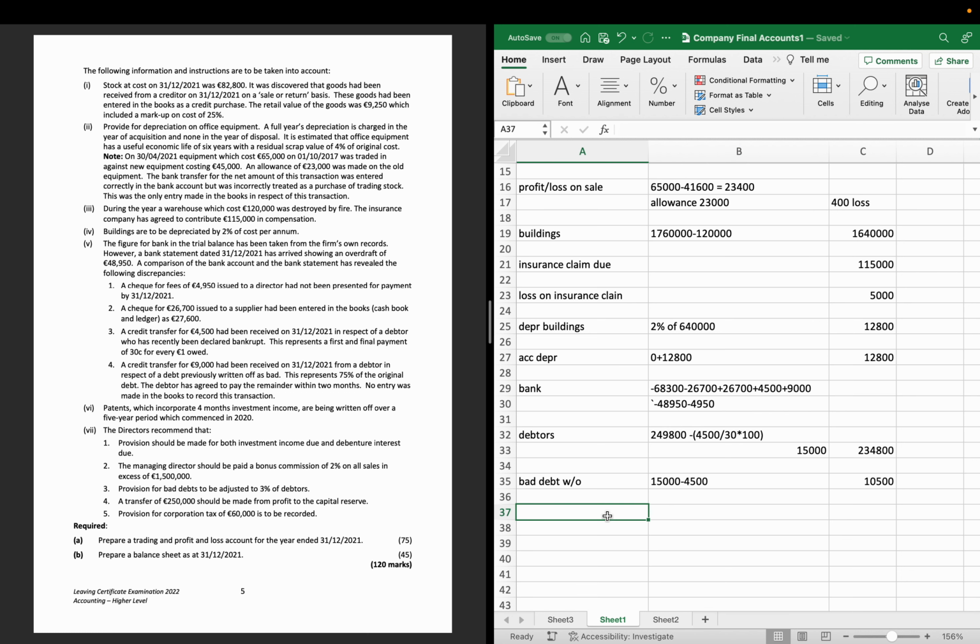The full amount of the debt is a bad debt recovered. So if we take that 9,000, we had written off a debt. It says this represents 75% of the original debt. So if we find the full debt, that's 12,000.